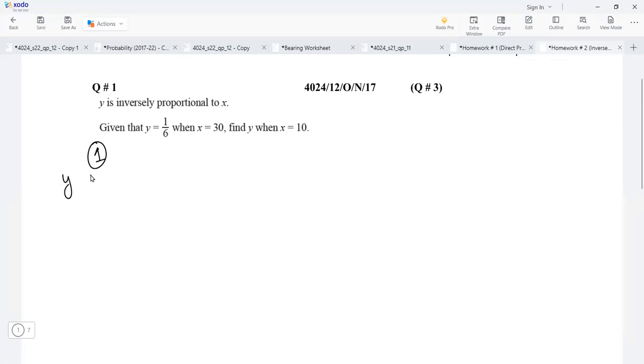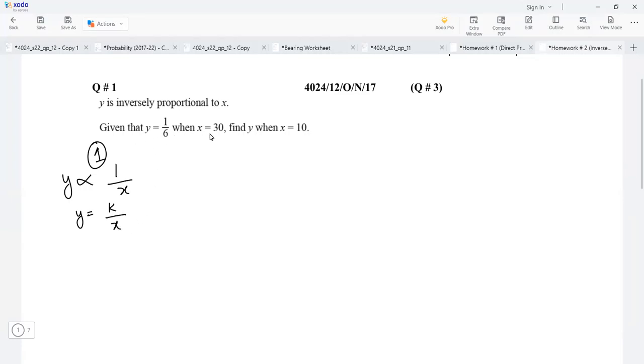We have to write down the proportionality sign, and then write the thing after "inversely proportional" as its reciprocal, meaning x is written as 1 over x. If we replace that proportionality sign, there must be an equals sign with a constant k. So k times 1 is k, and we can write k divided by x.